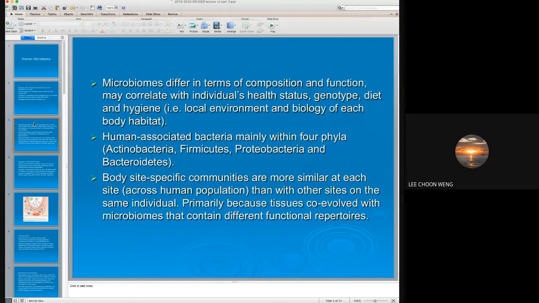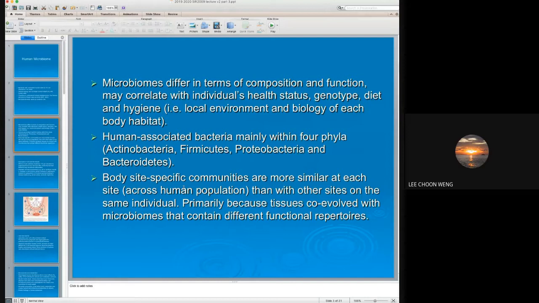What does that mean? Microbiomes differ in terms of composition and function, and it is actually more site specific than across the human population.